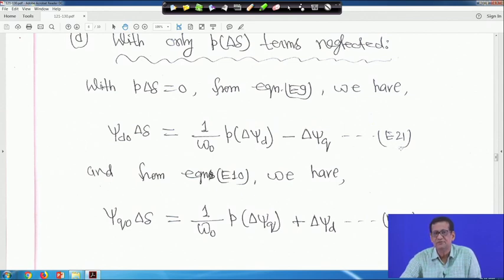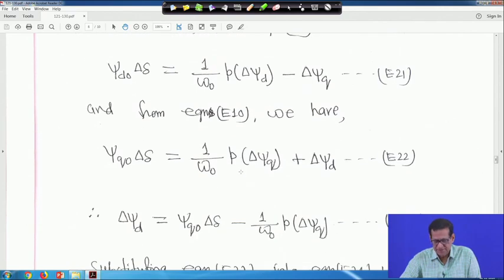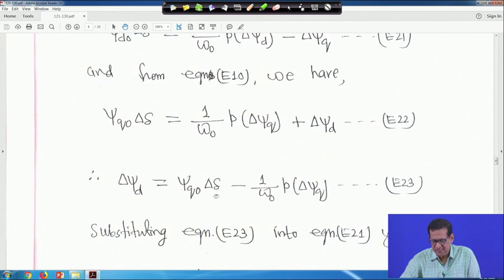This is equation E21, and from equation E10 we have psi q 0 delta delta, by putting the p delta delta term 0, 1 upon omega 0 p delta psi q plus delta psi d. This is equation E22, right, and therefore delta psi d will be psi q 0 delta delta minus 1 upon omega 0 p delta psi q.